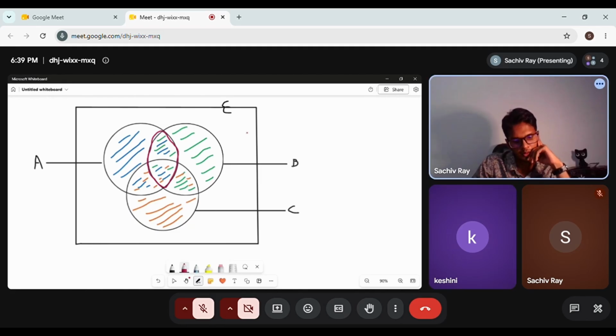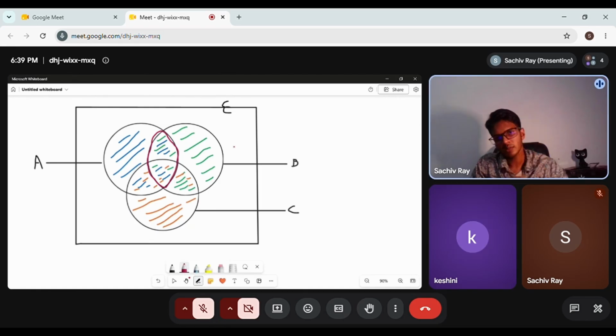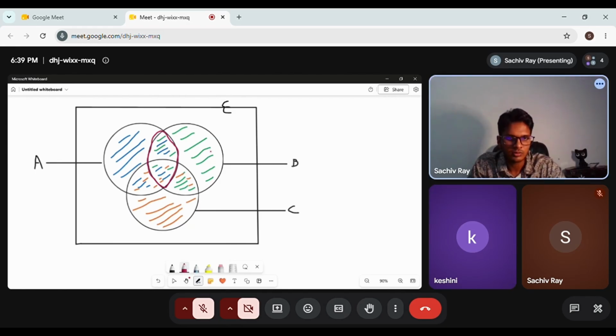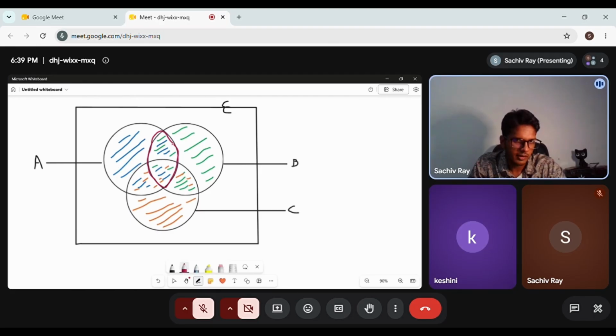A intersection B, right? With that, C is also there.